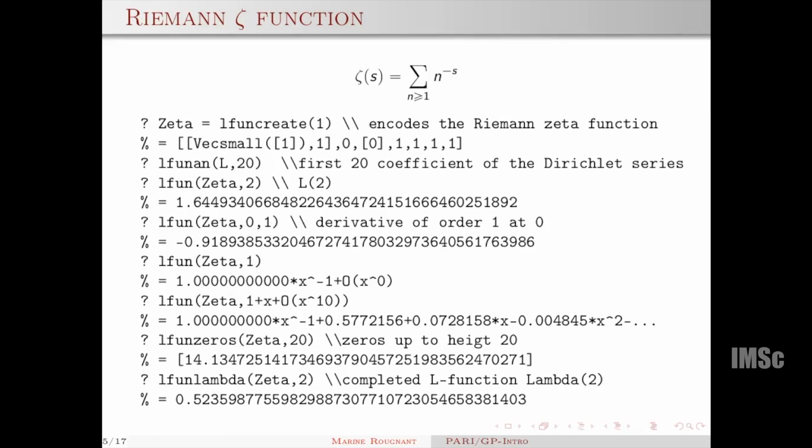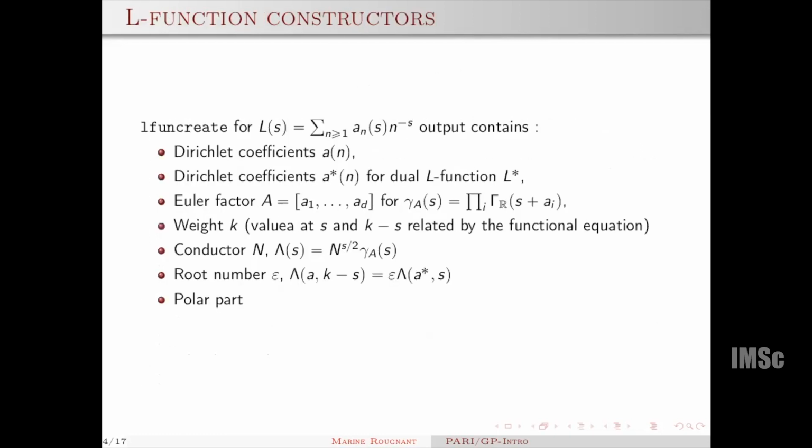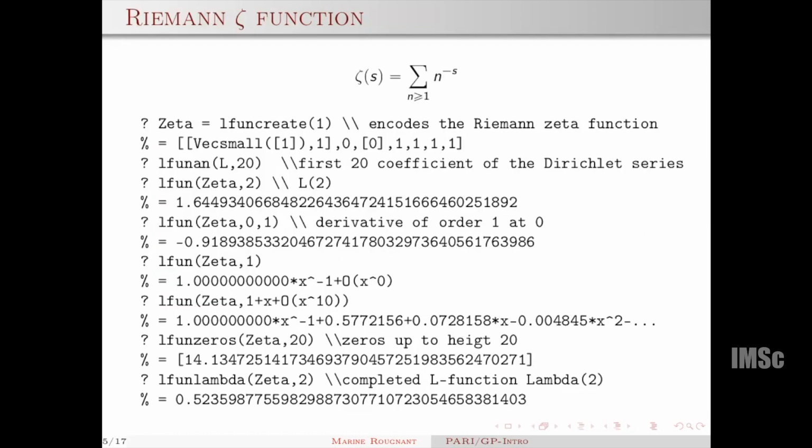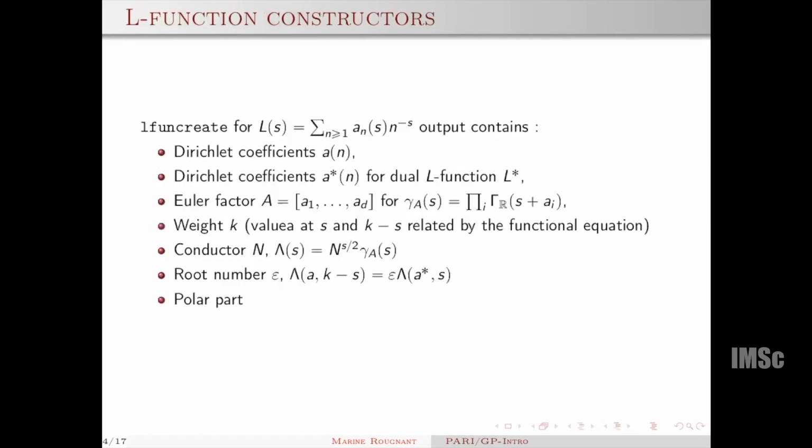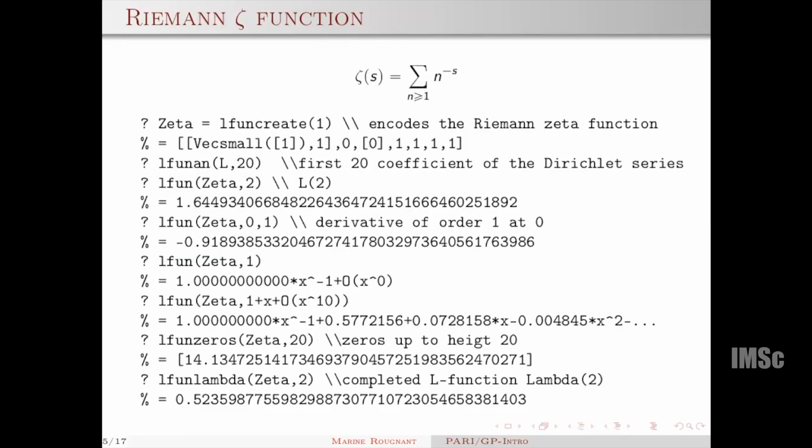Then the number that defines the gamma factor, which is here 0, you have none. And 1, 1, 1 is weight, conductor, root number and polar part. So this is really easy.